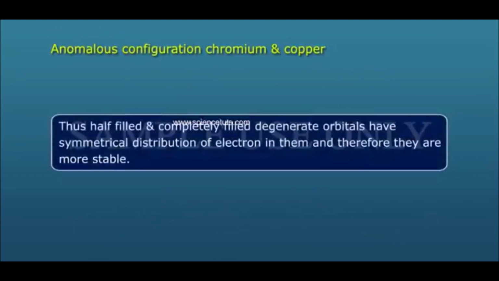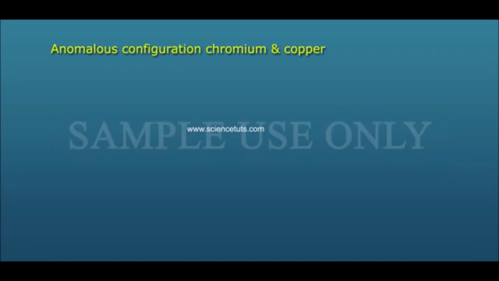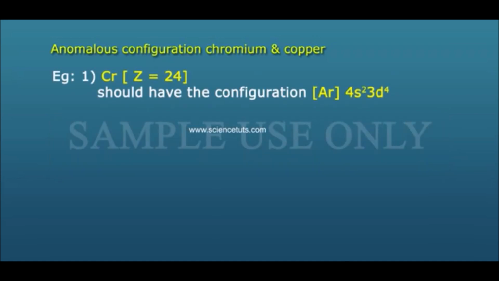Anomalous configuration: chromium and copper. Half-filled and completely filled degenerate orbitals have symmetrical distribution of electrons in them, and therefore they are more stable. Example 1, chromium, atomic number Z is equal to 24.